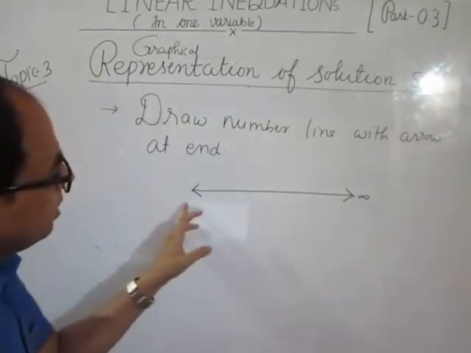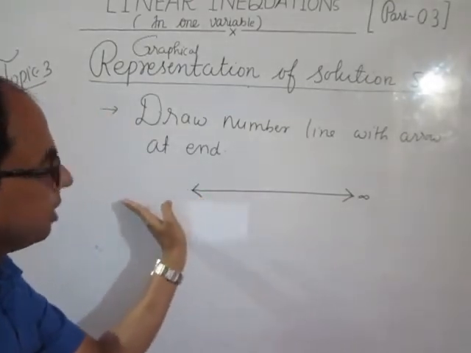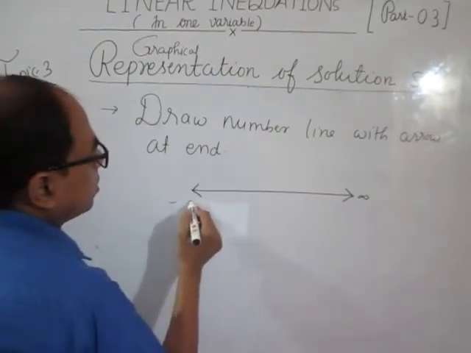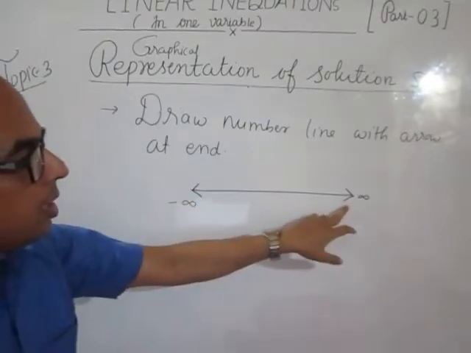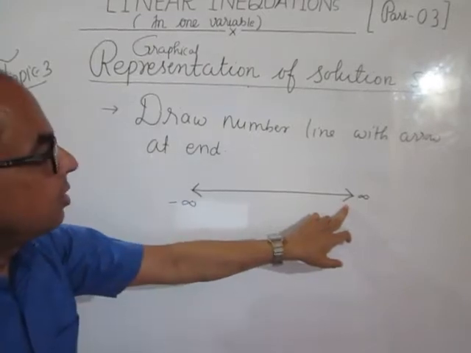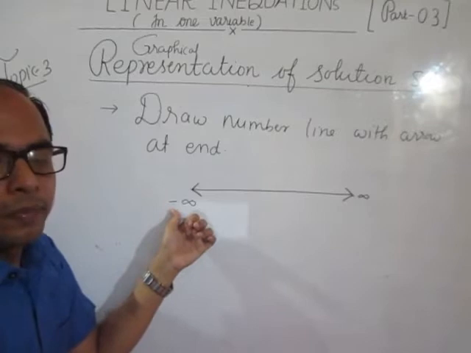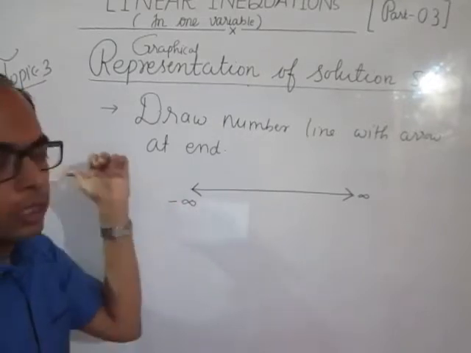This arrow indicates that the number is going towards very large negative numbers, or you can say the smallest real number.